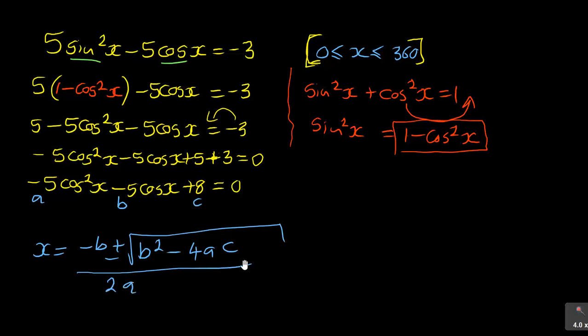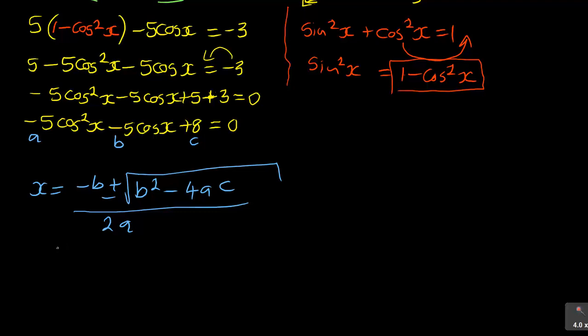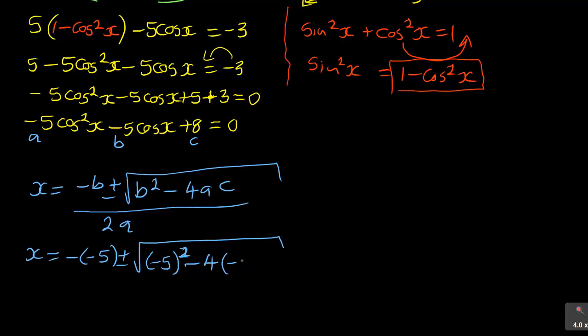Then I have to do my substitutions, and then x is equal to, now my b is negative 5, so it's minus 5 plus or minus the square root of b squared, which is minus 5 squared, minus 4, my a is negative 5, my c is 8, and then everything is all over 2a, which is 2 times negative 5.